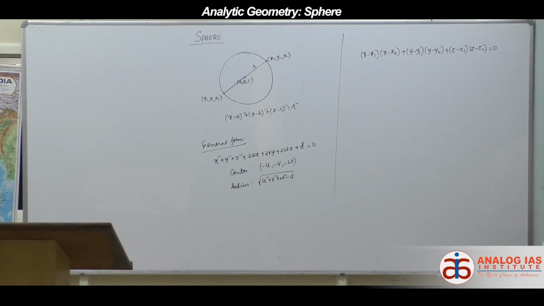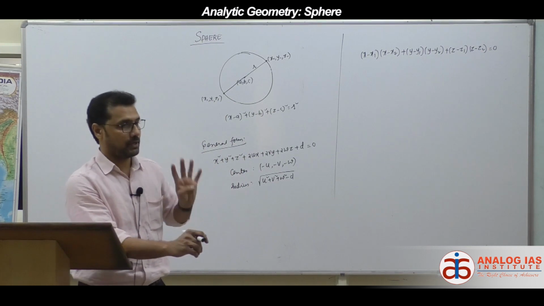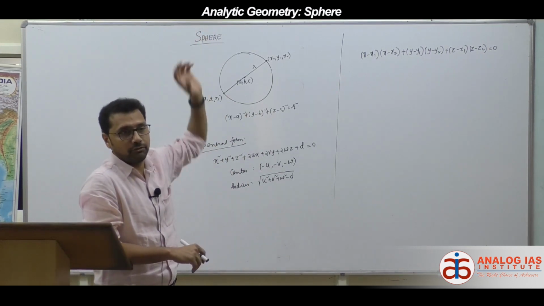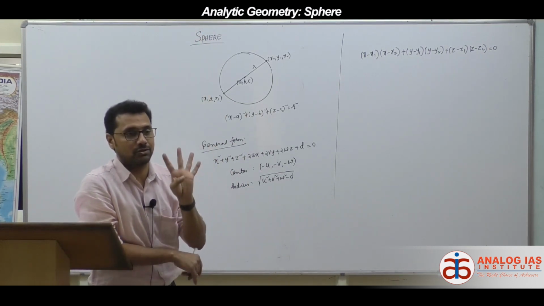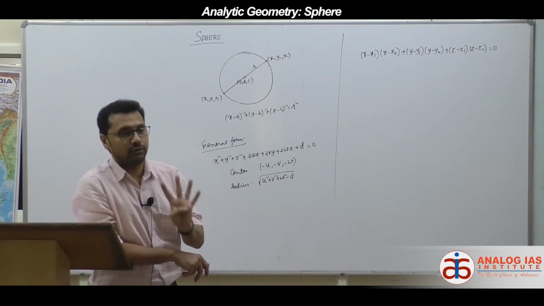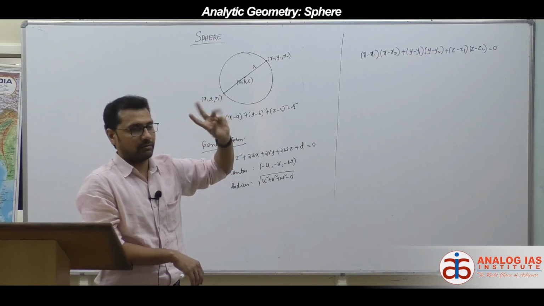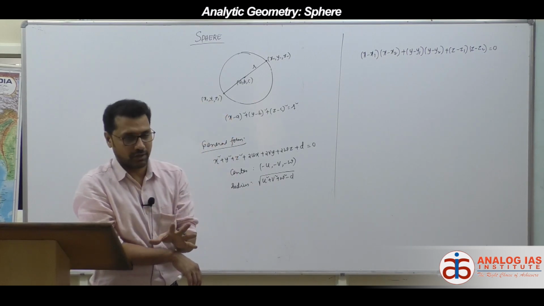That means you need to know 4 conditions to get a particular equation of a sphere. Those 4 conditions can be given in different varieties. Lots of silly questions can also be there in this context.